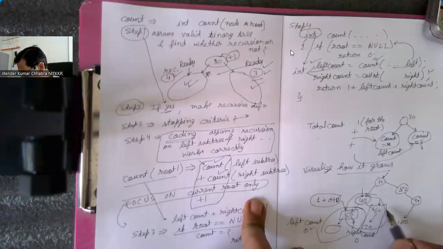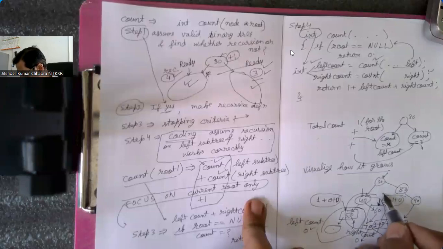Similarly, right count will come this side. For this node, count will be attempted. Recursion will reach to the 70. For 70, recursion will be attempted. 70 will say left side 0, right side 0, 1 plus 0 plus 0. This will become 1 here. This will say count is the left count 1, root itself 1, left side 1, right side 0. It will return 2.